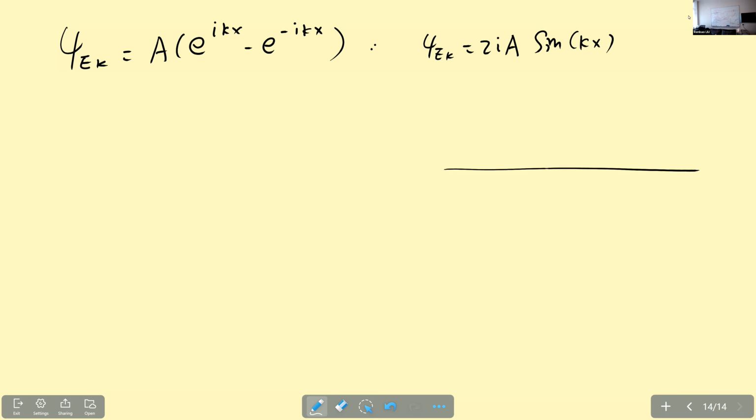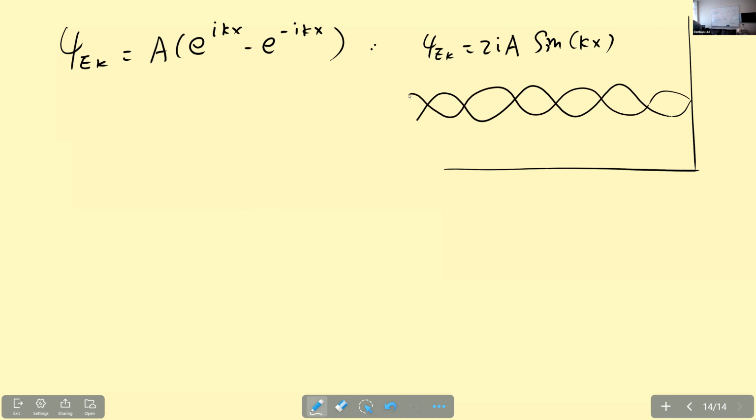So they're just standing waves. So the eigenstates are standing waves, because we require the wave function to go to 0 at this point.